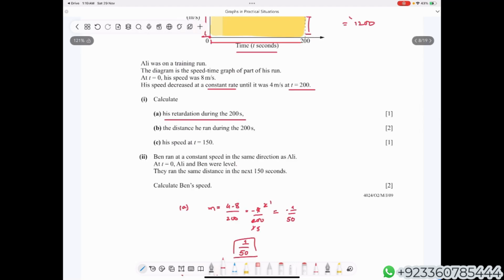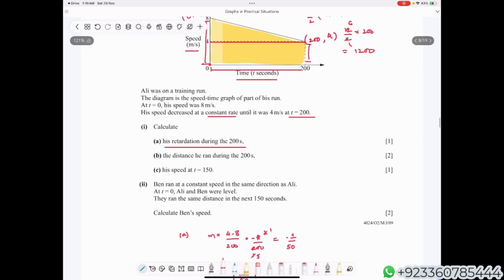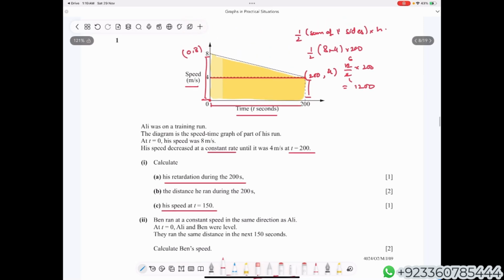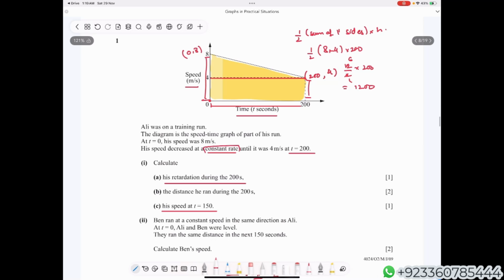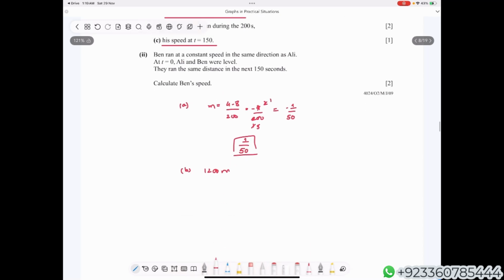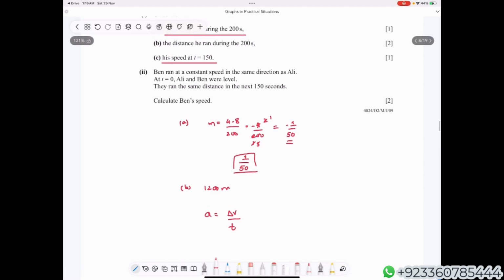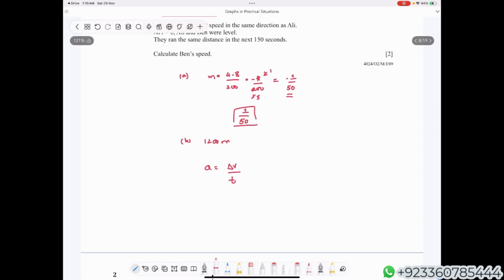His speed at time t is equals to 150 is going to be, so you can see that the speed is decreasing at a constant rate. So you know the acceleration now, which is minus 150. Acceleration is the change in speed over time taken. So the time is 150, acceleration is minus 150.